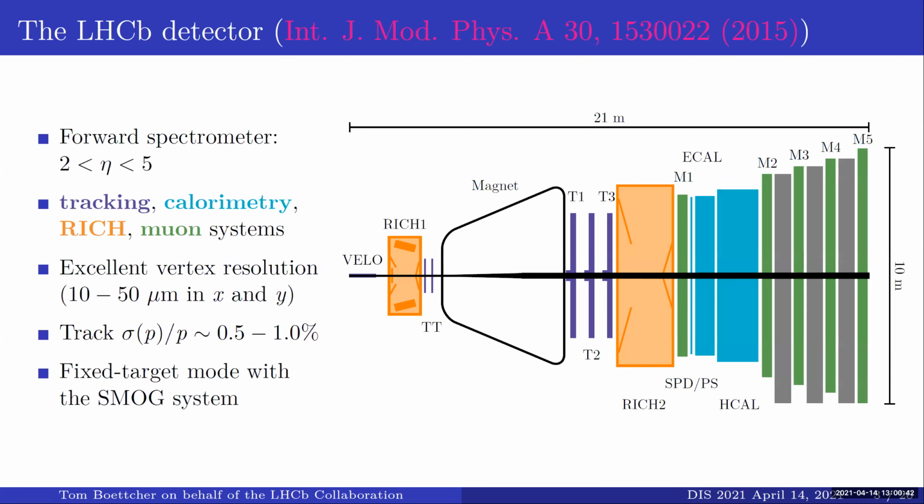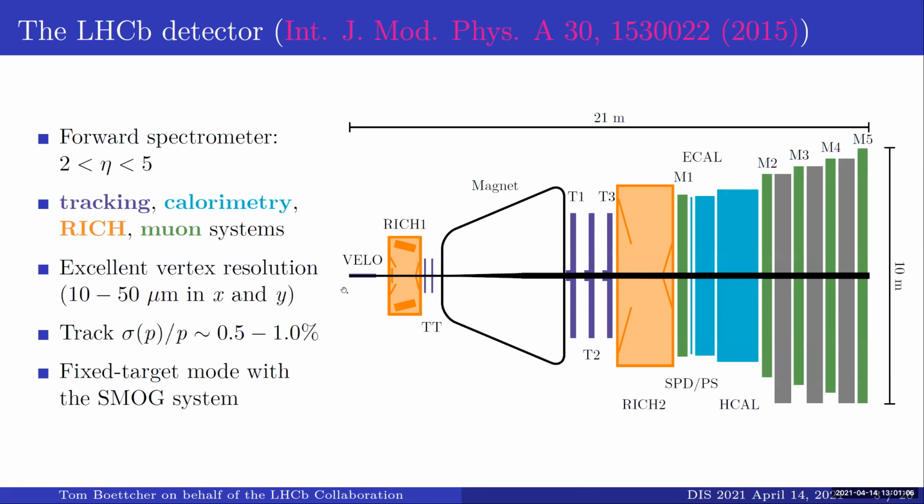To understand why we're interested in studying PDFs at LHCb, we have to start with the detector. LHCb is an experiment that was designed to study B physics at the LHC, and it is the forward spectrometer covering the region of eta from 2 to 5. It includes a tracking system, including this high precision vertex locator called the VELO.